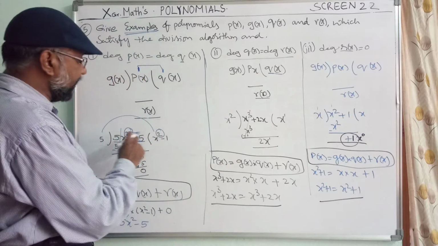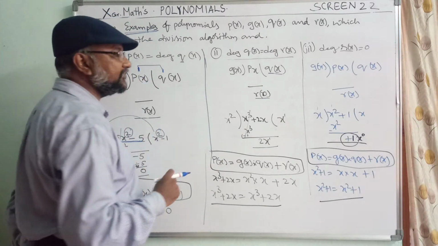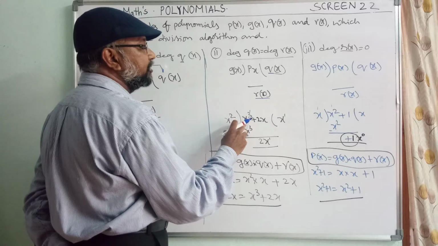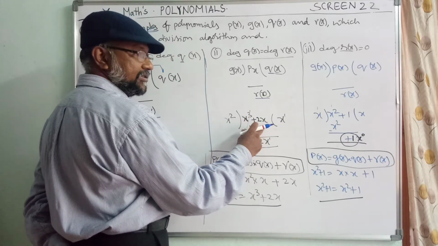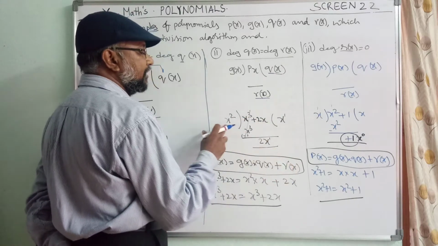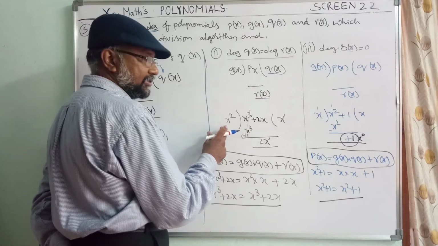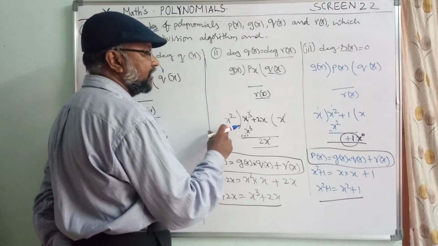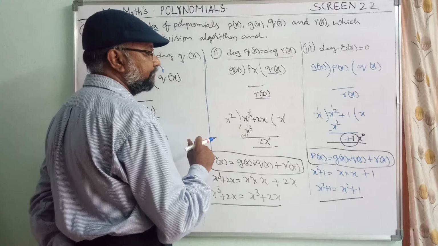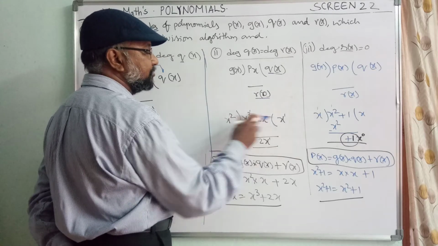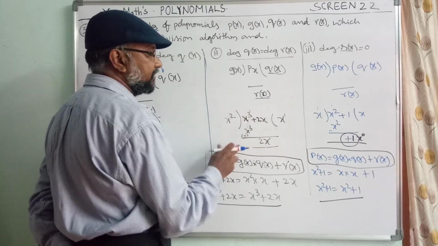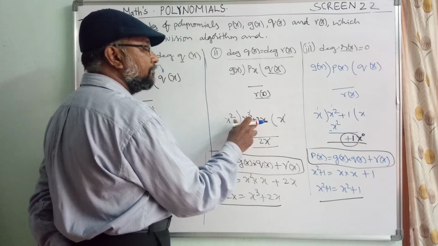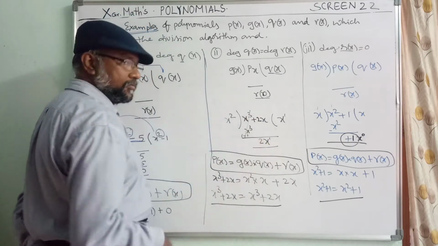Here 2 and 2 are satisfied. Now I assumed x cube plus 2x. Just it is an example. Now assumed x square as a divisor. When you divide x cube, x into x square, x cube, it will cancel. That's all. Plus 2x we have to drop down.